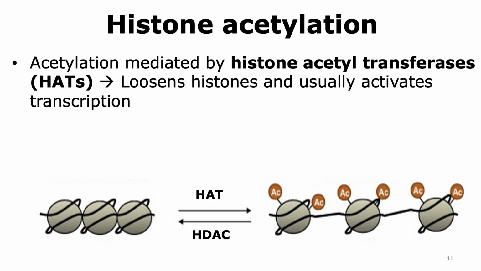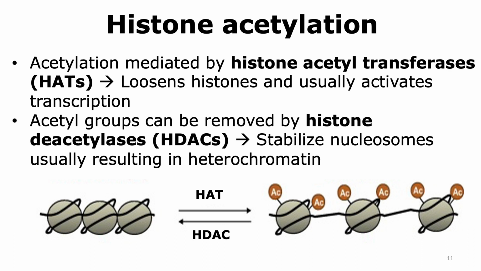The acetylation is mediated by histone acetyltransferases, or HATs. Acetylation loosens histones and activates transcription because now the histones are not associated with each other as tightly, and thus, as we can see in the figure below, histone acetylation causes the nucleosomes to remain farther from each other.